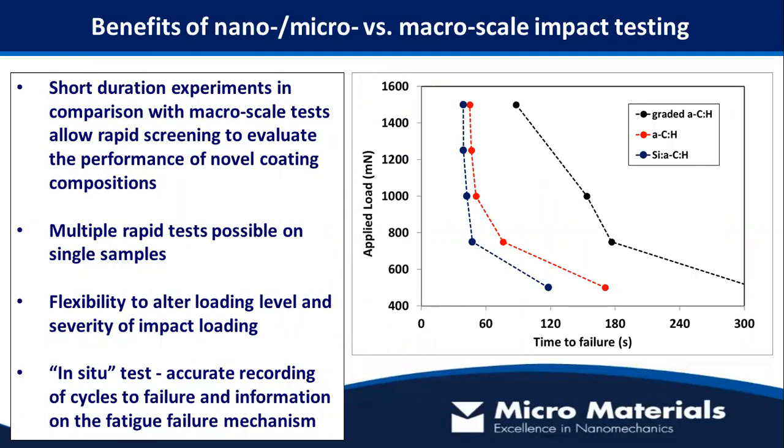It allows you to pull out almost an entire S-N curve really rapidly. You can set up matrices of tests at different loads, different numbers of impacts, and different positions. And you can pull out very quickly the sort of information you see on the right there, where in this case it's showing a graded DLC having a better performance than some other DLC coating compositions over a range of loads.